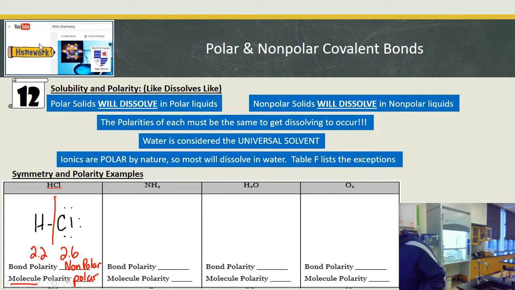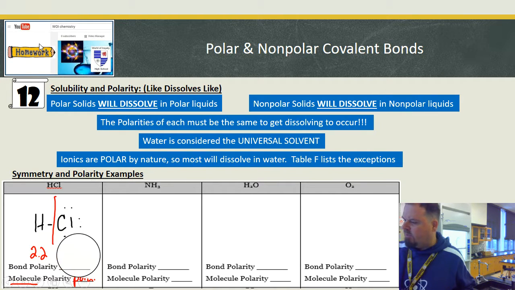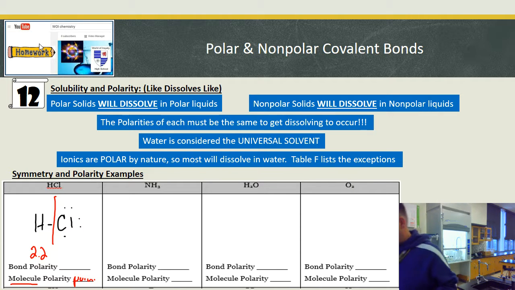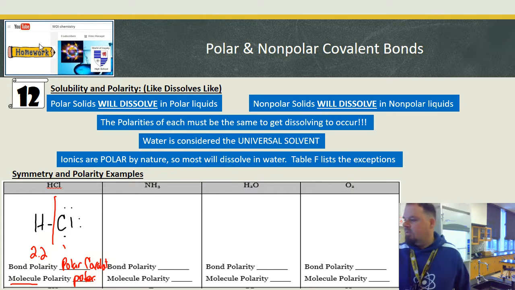I think we decided that 0.4 is polar. So it's a polar covalent bond. So next one, NH3.